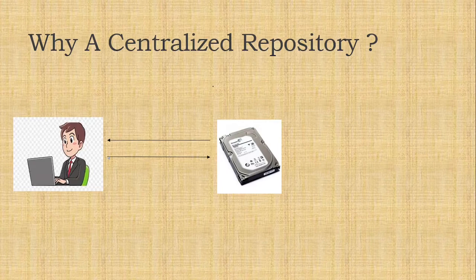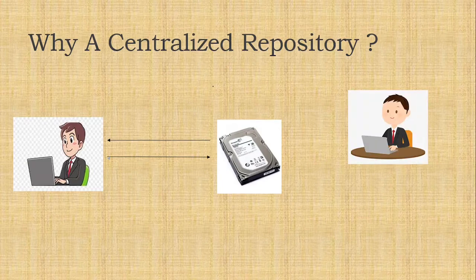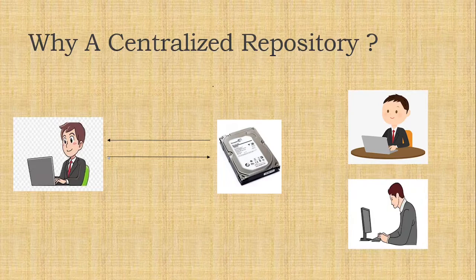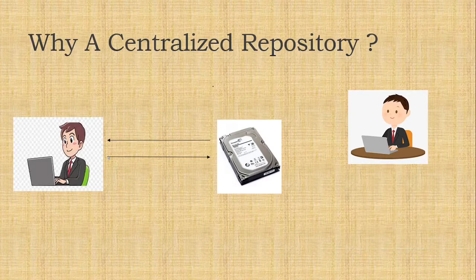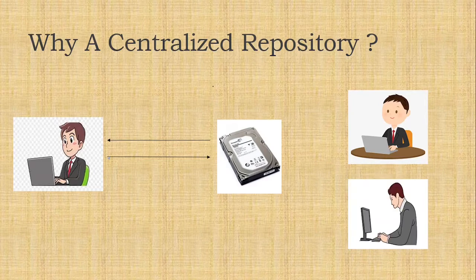Now, assume the use case that another person wants to collaborate with you. It's an exciting project, and this person wants to collaborate with you. Not only this person, but another person also wants to collaborate. So these two guys want to collaborate with you. Let's say you were working from Pune, and this guy lives in Delhi and this guy lives in Kolkata.